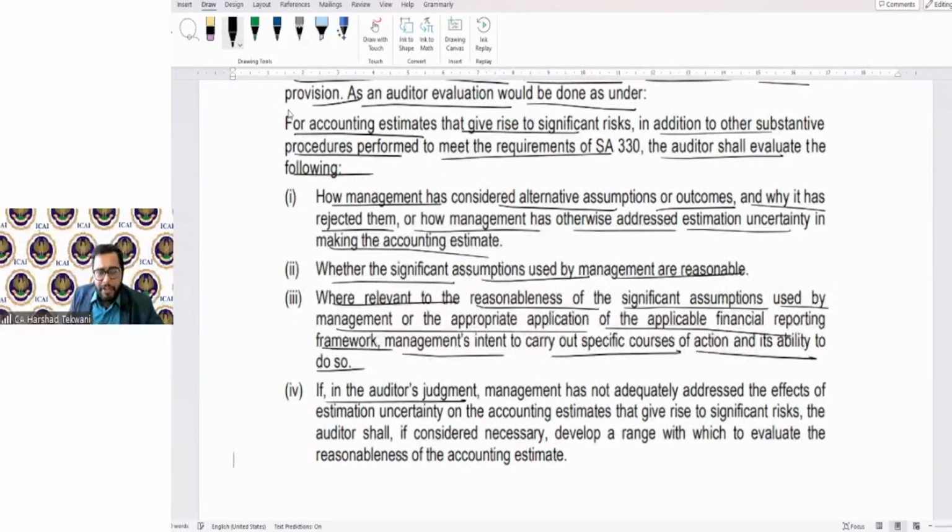If in the auditor's judgment, management has not adequately addressed the effect of estimation uncertainty on the accounting estimate that gives rise to the significant risk, the auditor shall, if considered necessary, develop a range to evaluate the reasonableness of the accounting estimate.